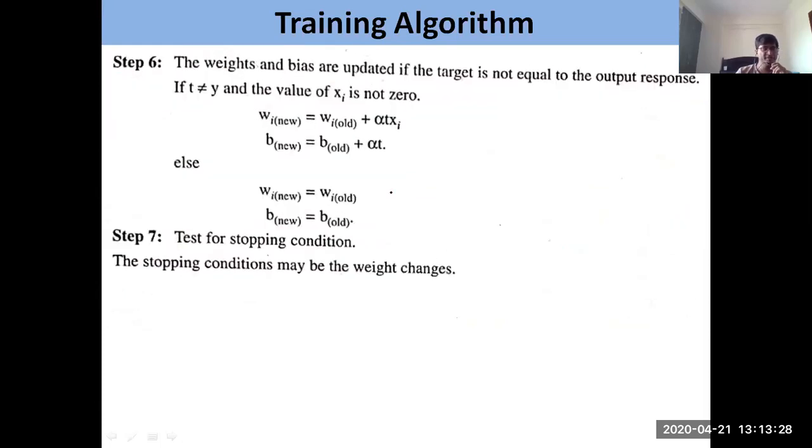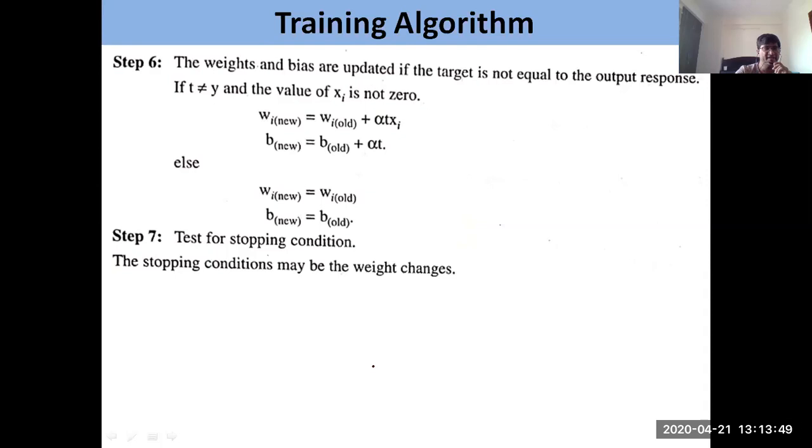And step 6 is the way I've already made clear: in case the target is not equal to your calculated output, then we would be updating the weights. Otherwise, the weights and the bias will remain the same. And this would continue till all your calculated outputs are equal to the target values.